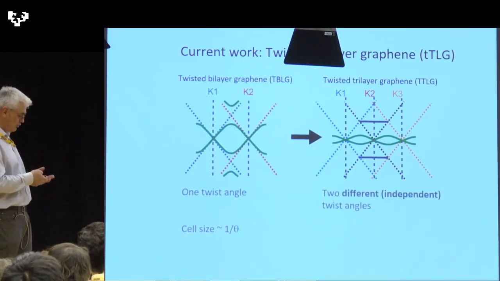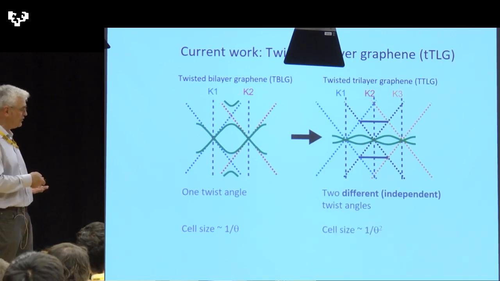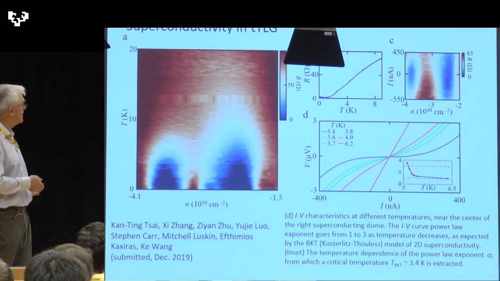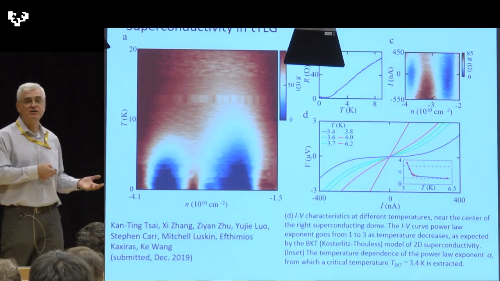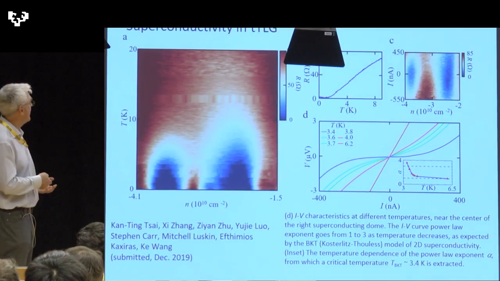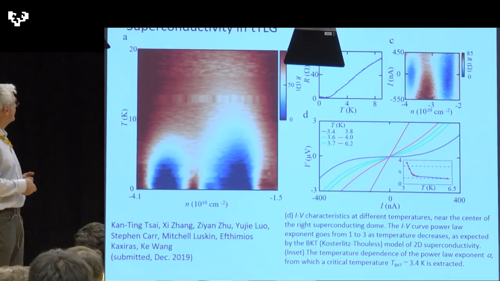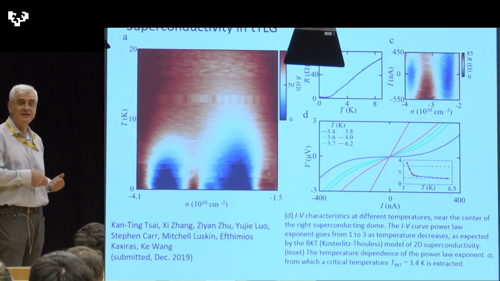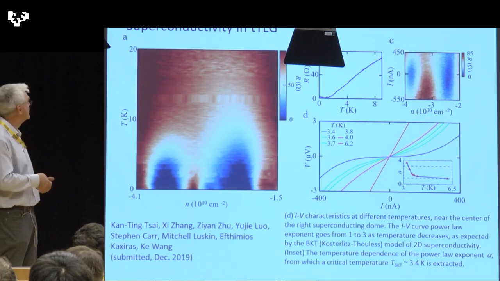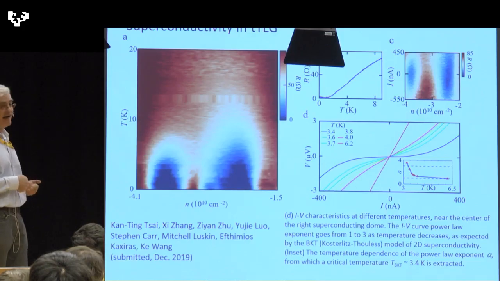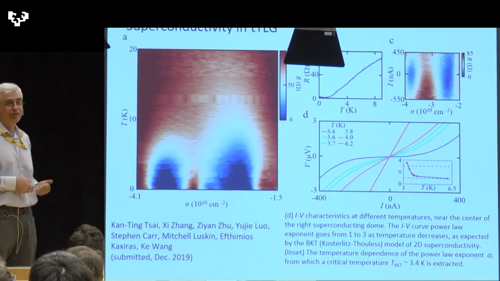However, here you have two different and independent twist angles which you can independently control, and the size of the system is much, much larger. The reason why I started doing that is because there are recent experiments by the group of K. Wang at the University of Minnesota who suggest these are the superconducting domes again, and they suggest superconductivity in this system at significantly higher temperature, about 3.4 degrees.